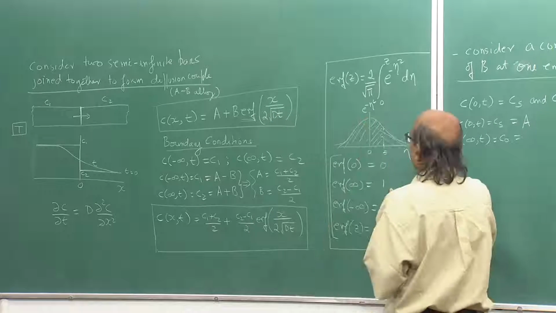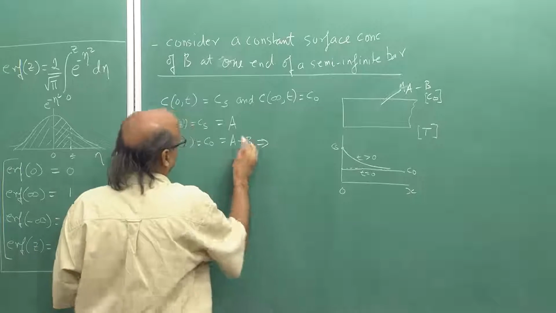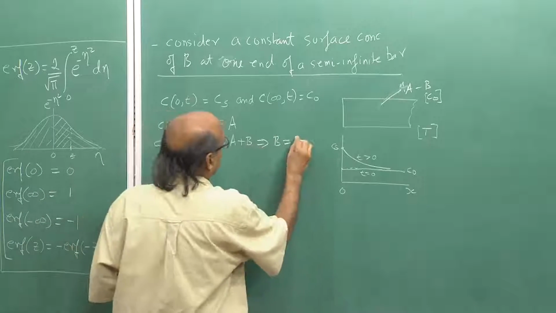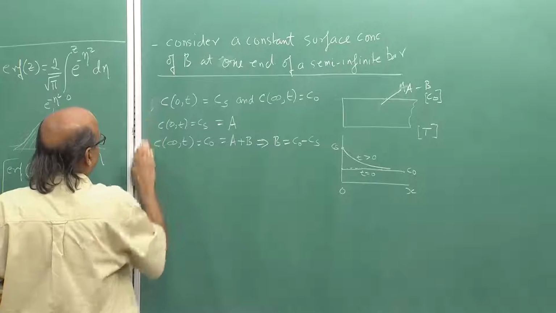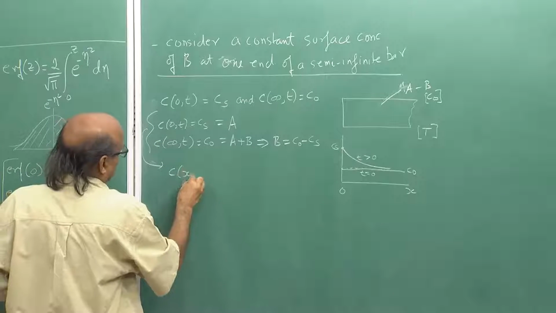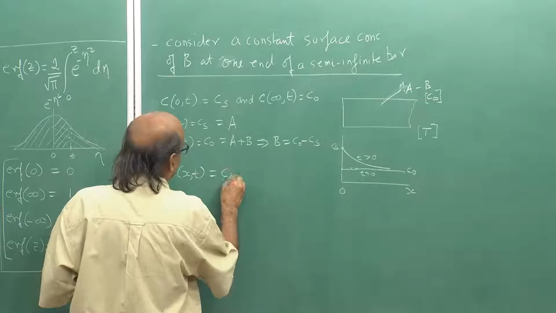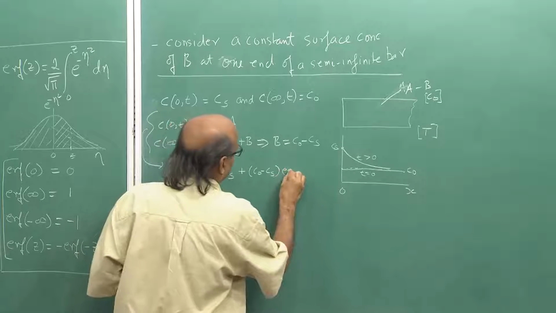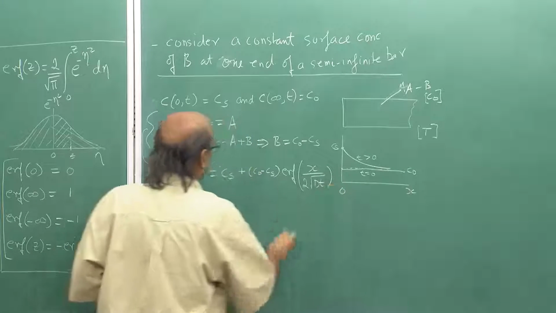Error function of infinity we know is 1 and hence C0 is equal to A plus B. From here I already have A is equal to Cs and B is equal to C0 minus A, or C0 minus Cs, and hence from these boundary conditions I get the solution C of x, t, the concentration profile as a function of distance and time, as Cs plus C0 minus Cs times error function of x upon 2 square root of Dt.